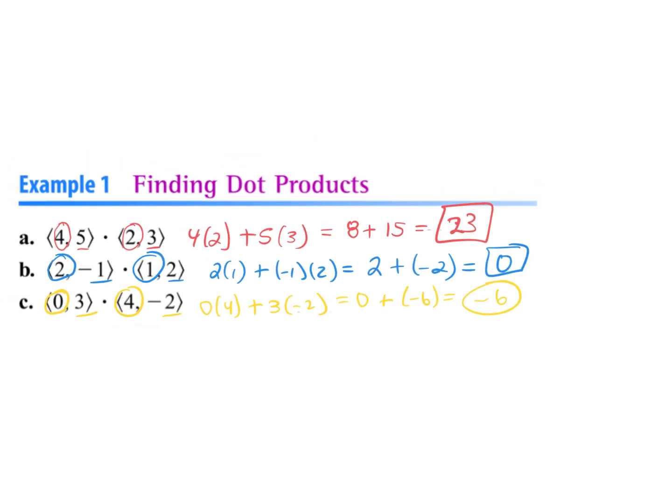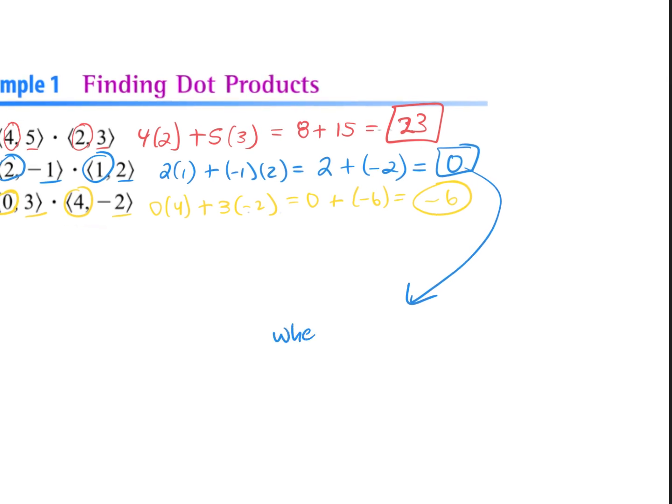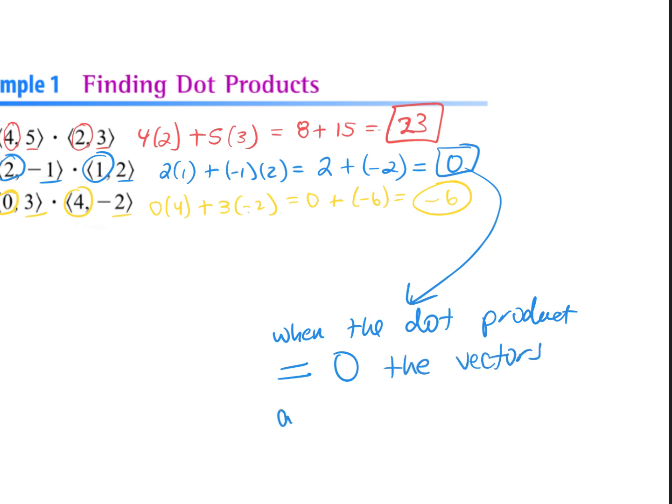Okay, now we're going to come back to B in a second, but I want to introduce you to a new word. When the dot product equals 0, the vectors are orthogonal.